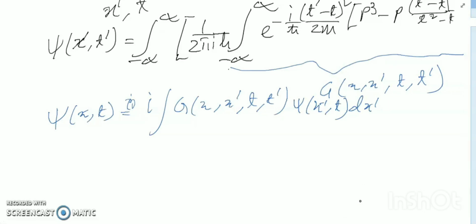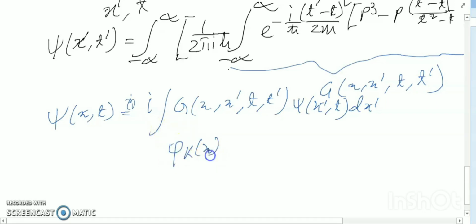So phi k x is proportional to e to the power minus i k x, and epsilon k equals h bar omega k.